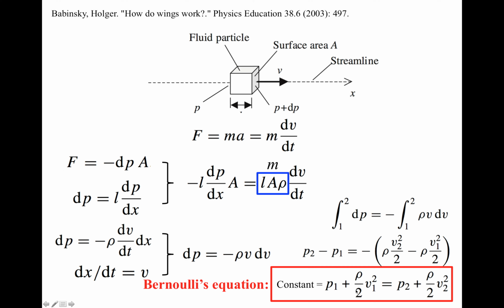And this is actually Bernoulli's equation. It's a relation between pressure and velocity at different locations on the same streamline. It basically states that pressure plus density divided by 2 times the velocity of the fluid squared is a constant along the same streamline.